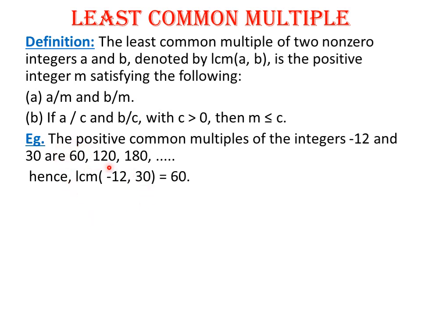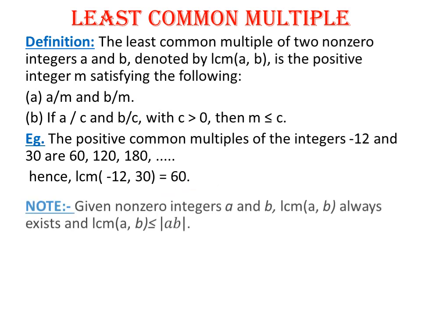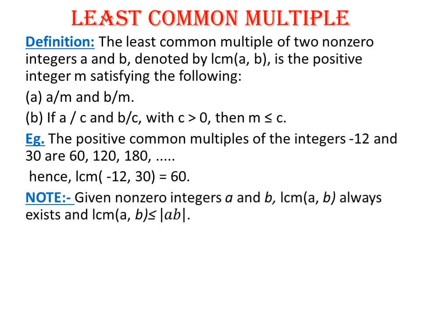Therefore, LCM of minus 12 and 30 is 60. Now note that for any two non-zero integers a and b, LCM always satisfies this condition. That is, LCM of a and b is always less than or equal to modulus of their product. Always remember.